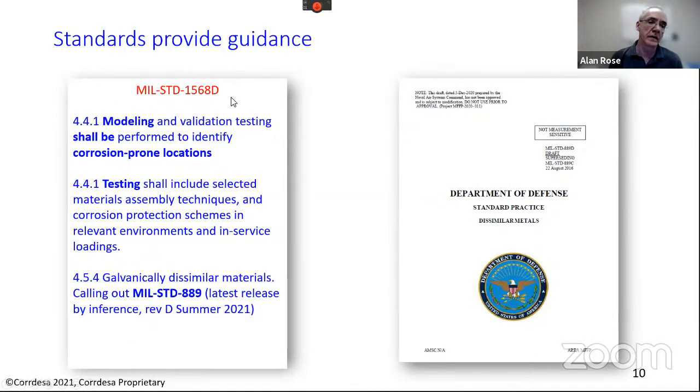Actually, in that standard, it says that modeling and validation testing shall be performed to identify corrosion-prone locations. And then later on, it talks about testing and being able to get similar material assemblies and techniques to look at corrosion protection schemes. So it's interesting that in this first paragraph it actually says modeling. So we're talking about computational modeling, ways of trying to identify corrosion-prone locations.